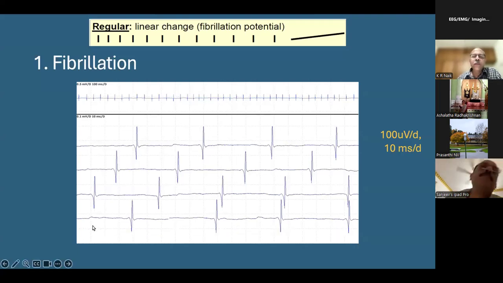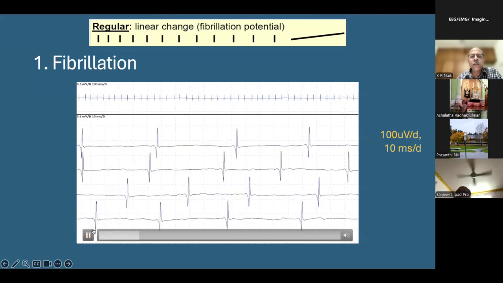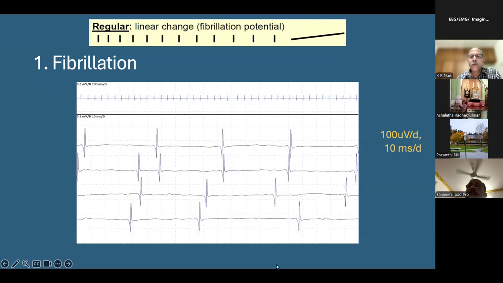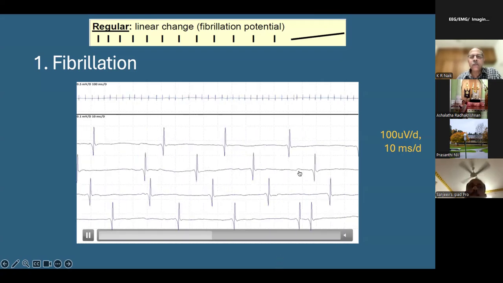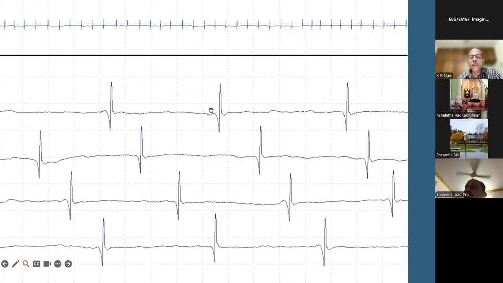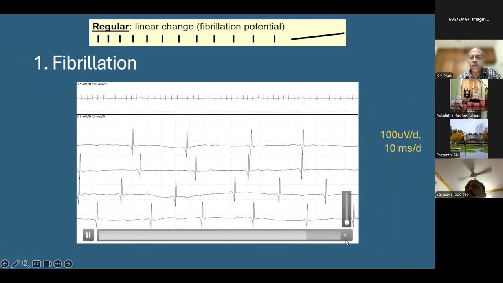Why is it fibrillation? It is fibrillation because the firing is regular. If you see the spike intervals, they're almost at the same time.